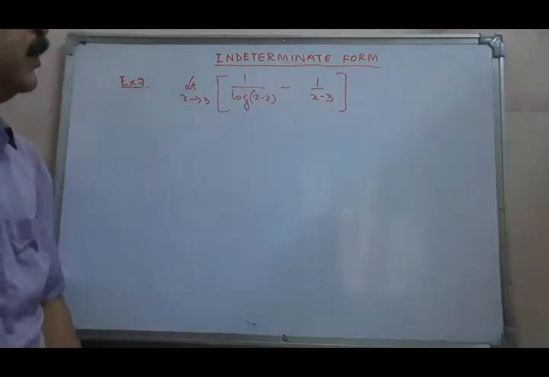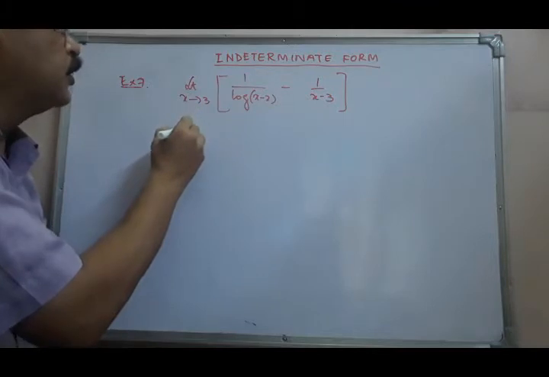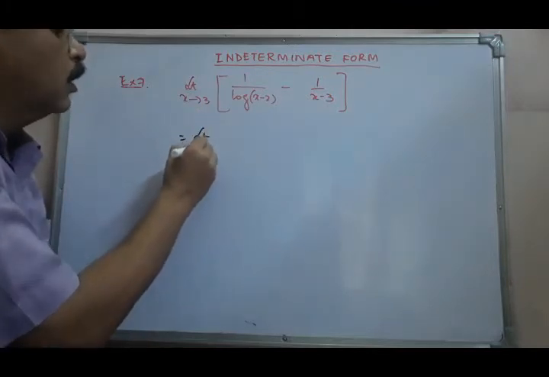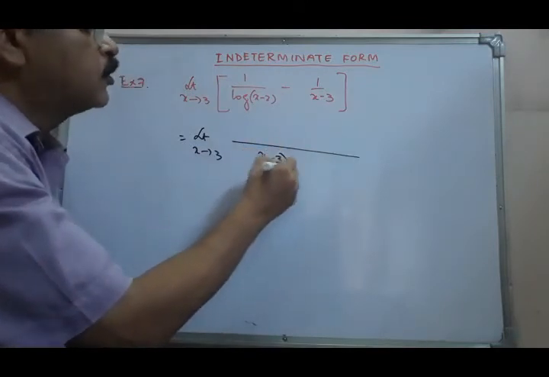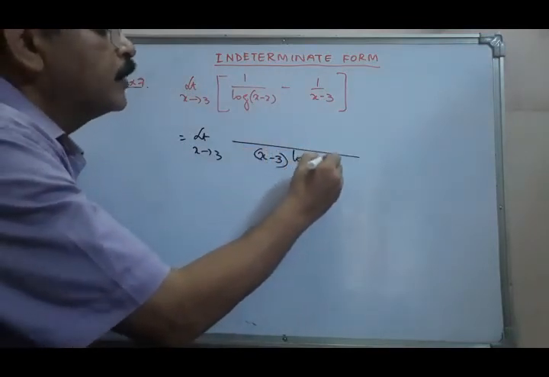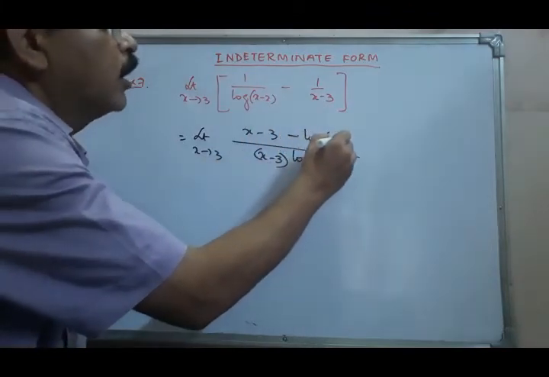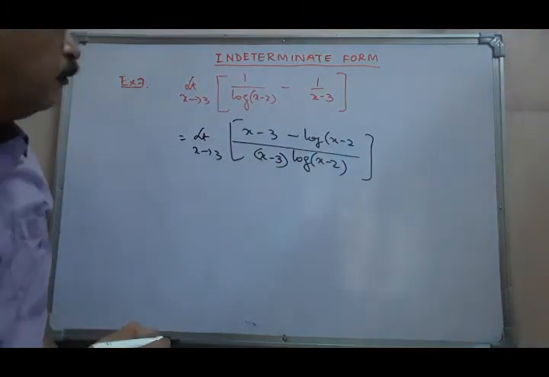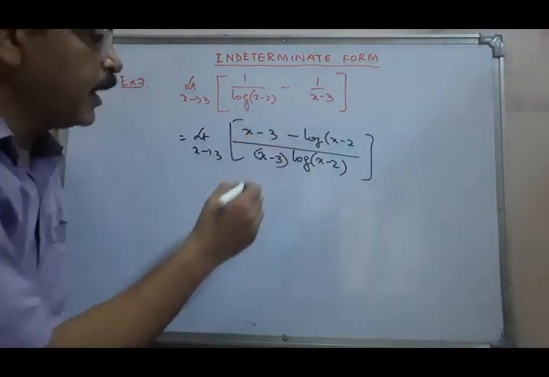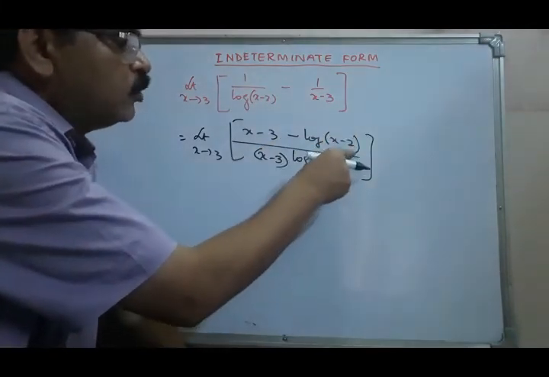In this example, first you have to do the LCM of the denominator. So limit x tending to 3, denominator coming x minus 3 into log x minus 2, x minus 3 minus log x minus 2. Now check whether it is indeterminate form or not by replacing x equal to 3. 3 minus 3 is 0, and then it is 3 minus 2, that is 1, log 1 is 0.